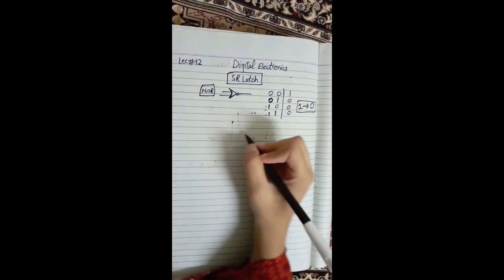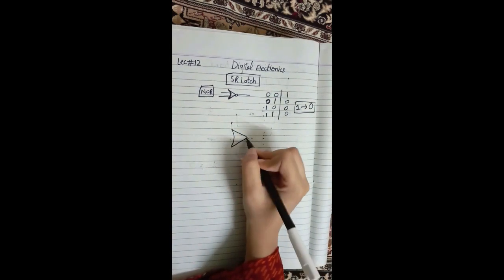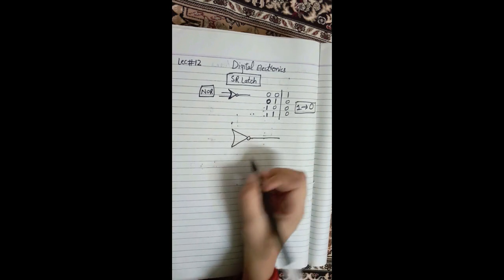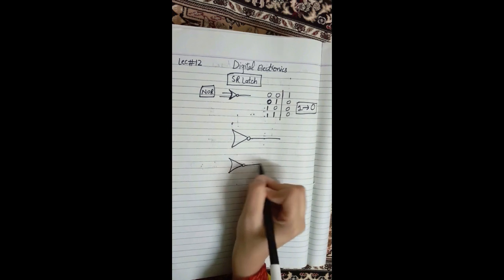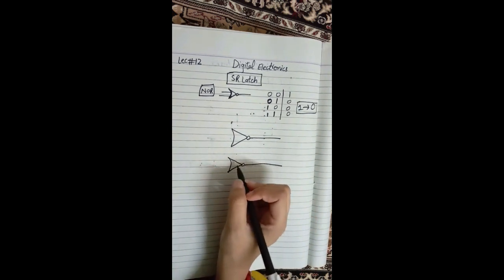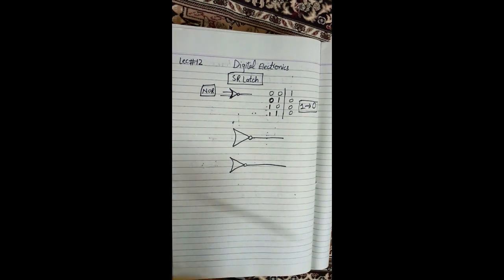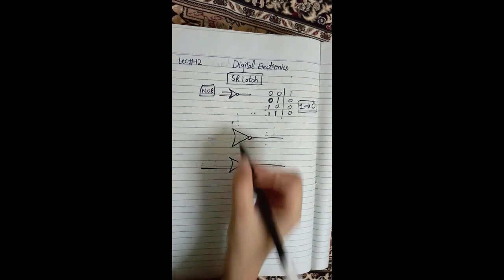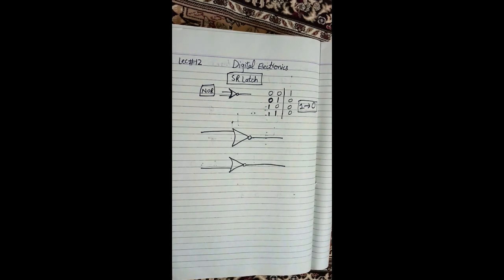So now we will draw the SR latch, with one NOR gate and the other NOR gate. One is for the S and one is for the R. SR means set reset latch. Their outputs are Q and Q bar.